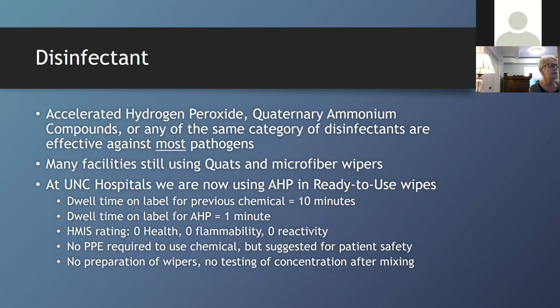The hazard rating, or what we used to call the MSDS, the sheet rating the hazards of disinfectants, for hydrogen peroxide has 0 risk for health, 0 for flammability, and 0 risk for reactivity. There's also no personal protective equipment required, but it is suggested for patient safety when using accelerated hydrogen peroxide.